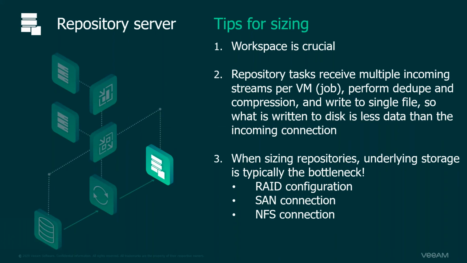Right? So it all depends on how many disks you have, how many spindles, and what type of I/O you're going to get, what sort of write penalty you have, as well as if you're going to be doing a reverse incremental versus a forever forward incremental, that will also depend on how many reads and writes are being done to the repository at one time.